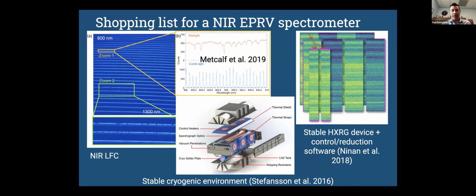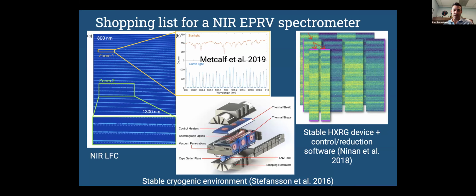The entire instrument has to be maintained in a stabilized, I would say, partial cryo environment. So we hold our instrument, our optical train, at about 180 Kelvin, which is designed to knock down the thermal background up to the detector's 1.3 micron cutoff. So depending on what your detector's wavelength sensitivity is, you might have to go colder.